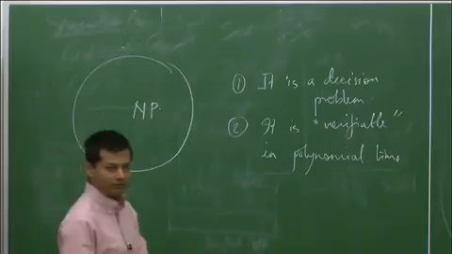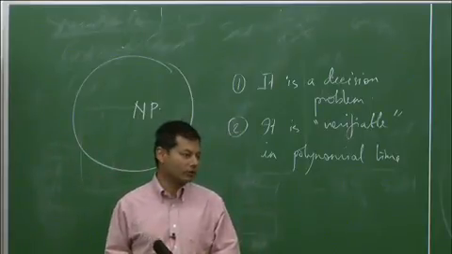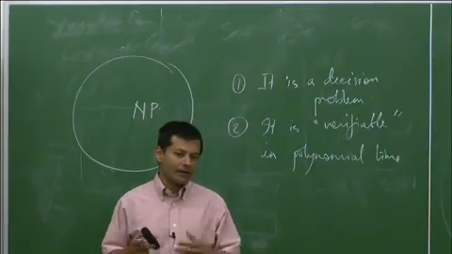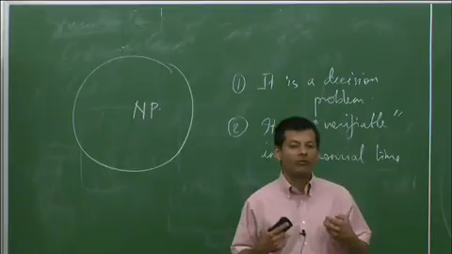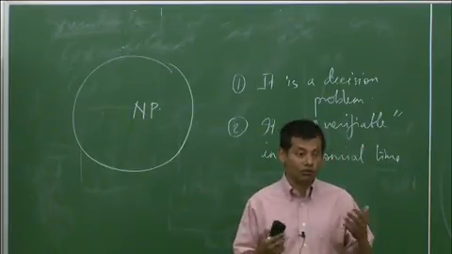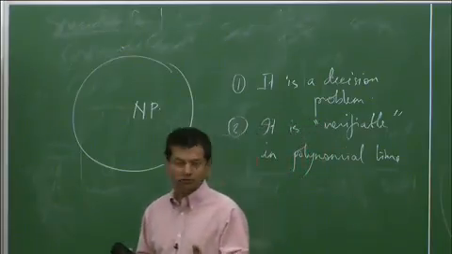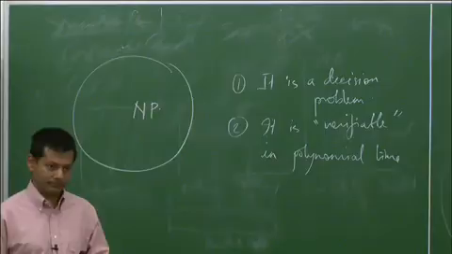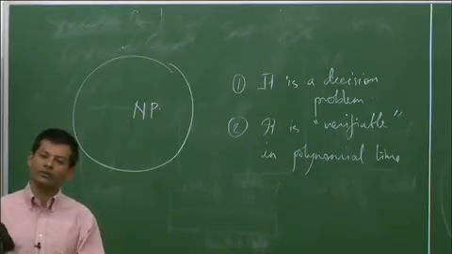I give you the problem, and you find a way of solving it in polynomial time. The basic idea behind verifiable comes because there are problems out there that we have found to be very difficult to solve in polynomial time. Every algorithm that we come up with looks like it is going to take us exponential time. That's essentially the background from which this verifiability notion is coming.